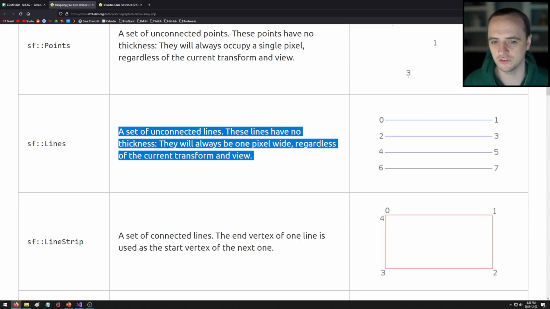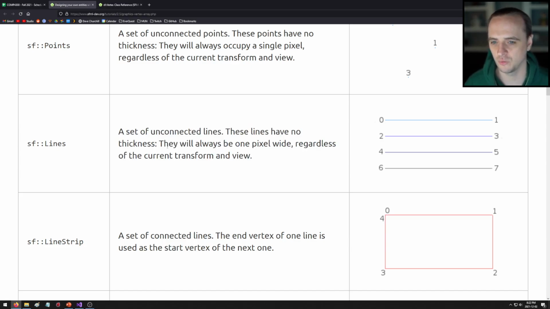Now, if you had said lines instead of points, it will draw a set of unconnected lines. These lines have no thickness, they'll be a single pixel wide, regardless of the transform and view. If we had an SF vertex array of size 8, so there's 8 points, and you say you want this to be lines, then the first line will be defined as vertex 0 to vertex 1.